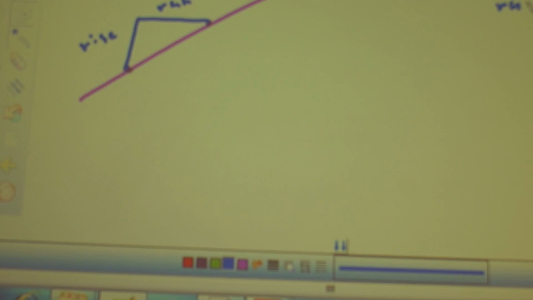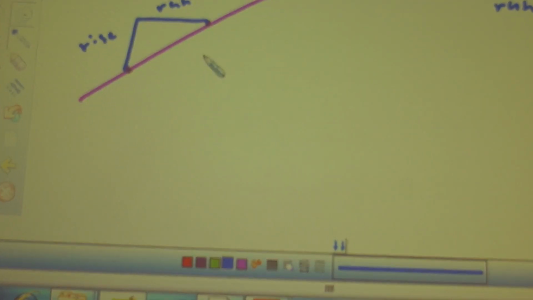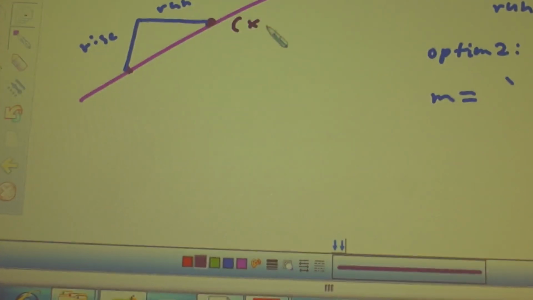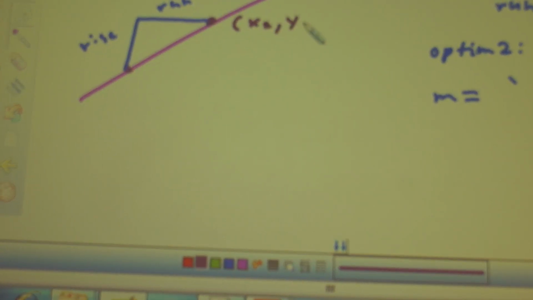There's another way though. The rise is your change in y. So option 2 is m equals, you take one of your points and call it x2, comma y2, meaning the second point, and this one we'll call the first x, comma the first y.